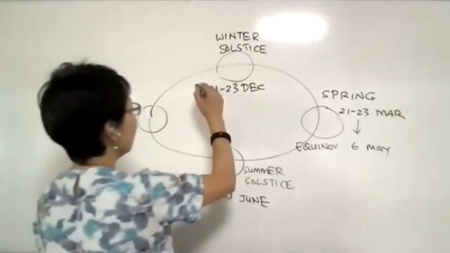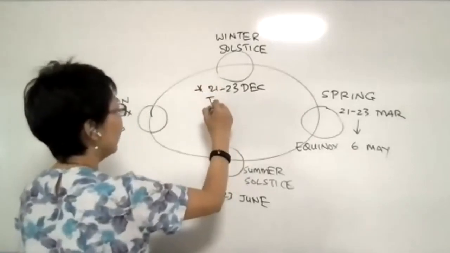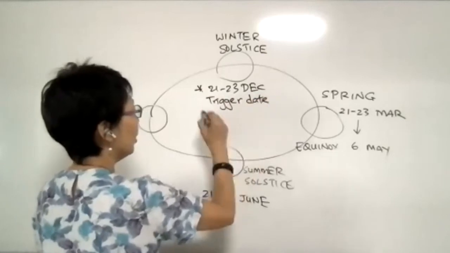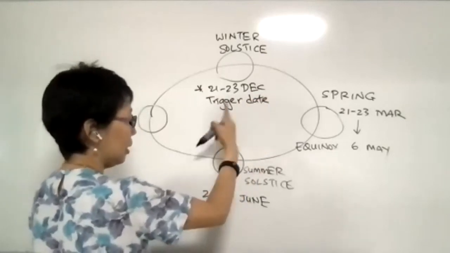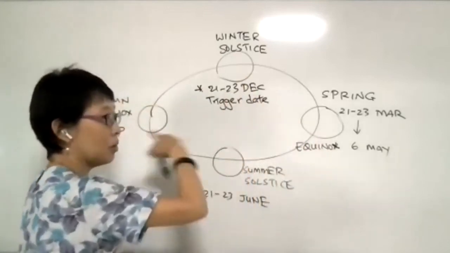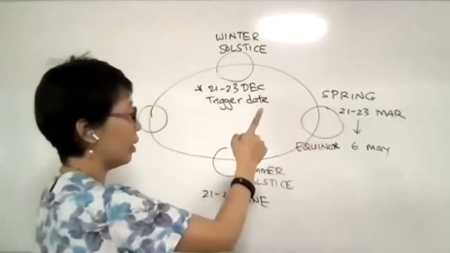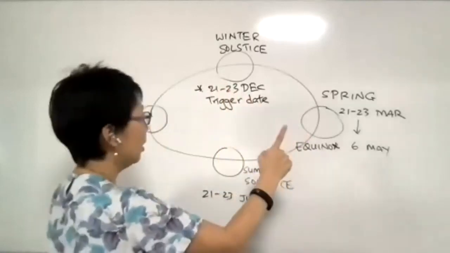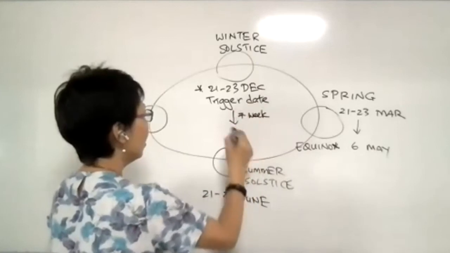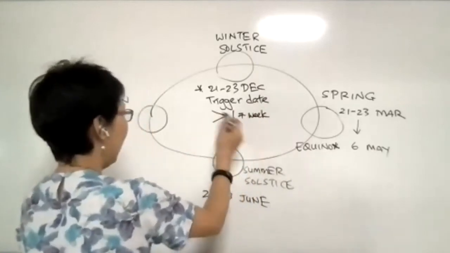So there is a specific time to start, which they call the trigger date. The trigger date is the start date. You must always start then, so everybody will start at one particular date. And then it is about 7 weeks. Every week you will do 2 times.